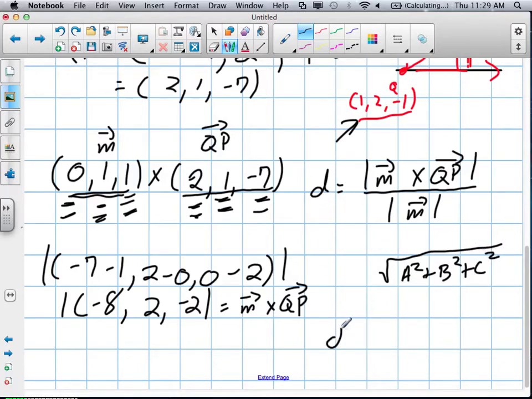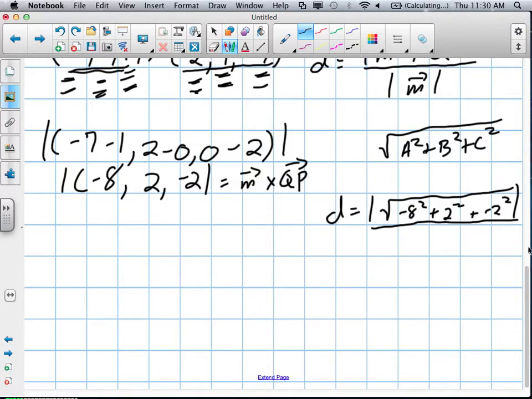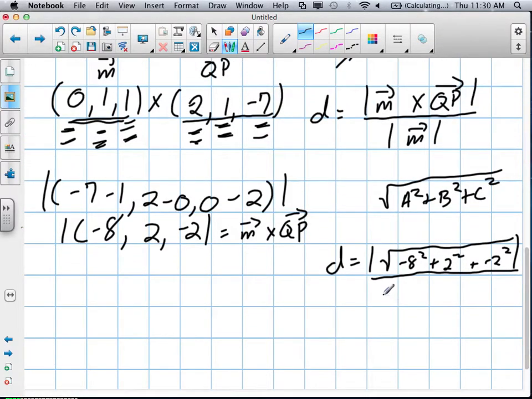So when we put it into our distance formula, looking for the absolute value of M cross QP, we're left with the root of negative 8 squared plus 2 squared plus negative 2 squared, divided by the absolute value of M. Well, it's the same as above, just different numbers. The root of 0 squared plus 1 squared plus 1 squared.